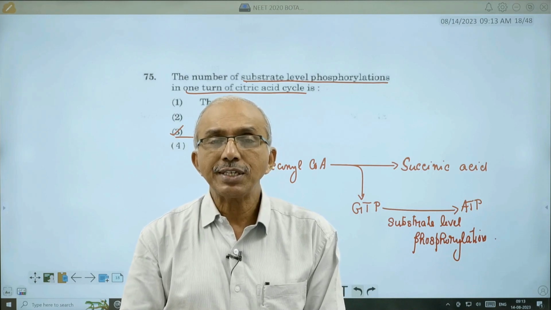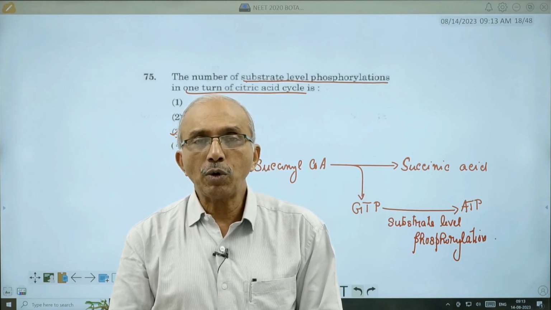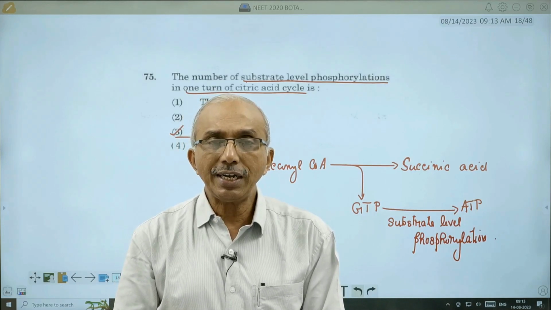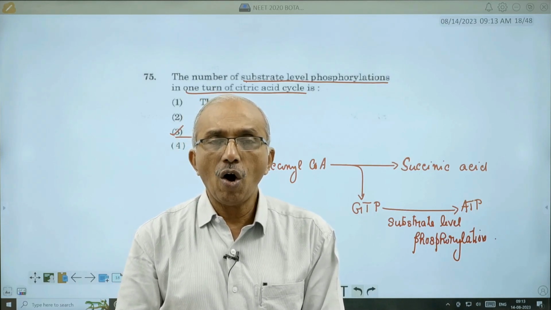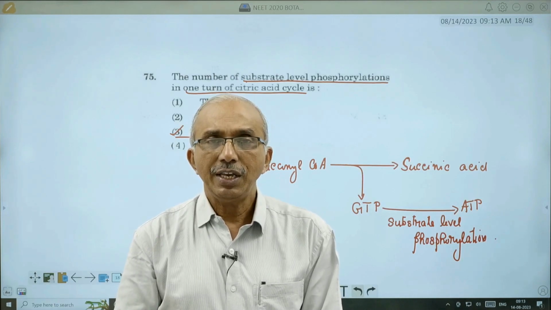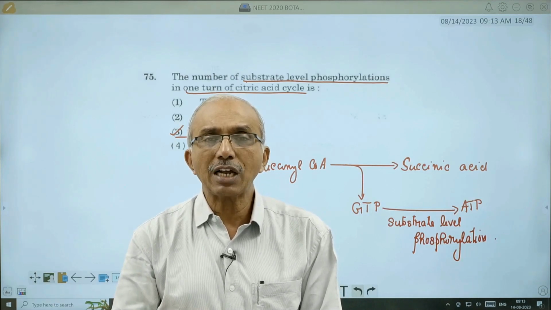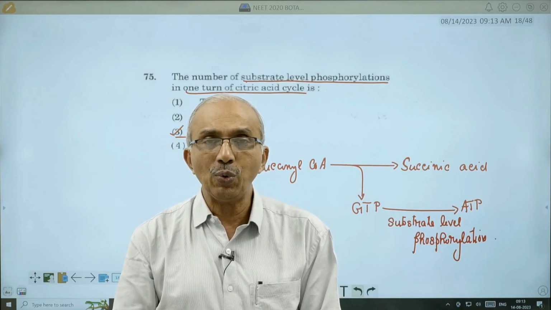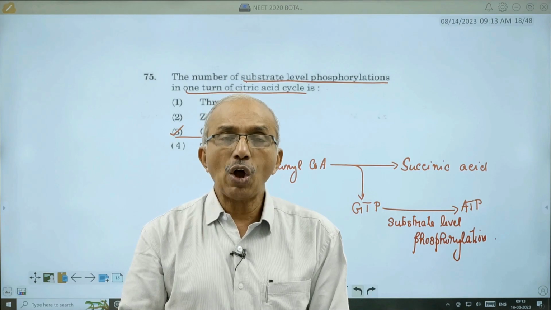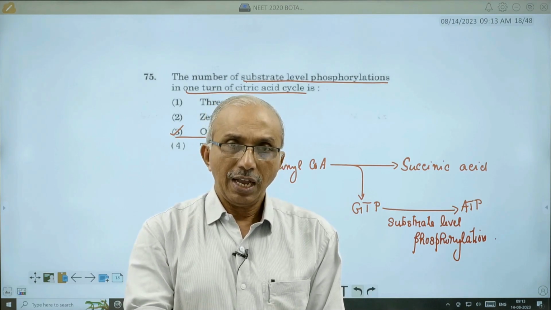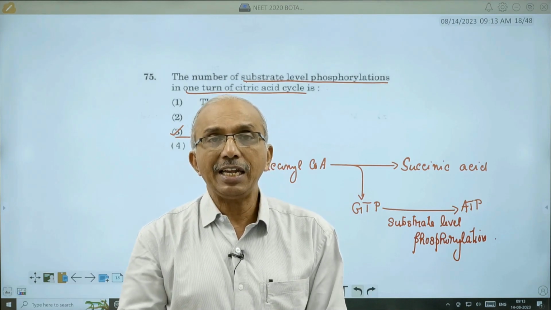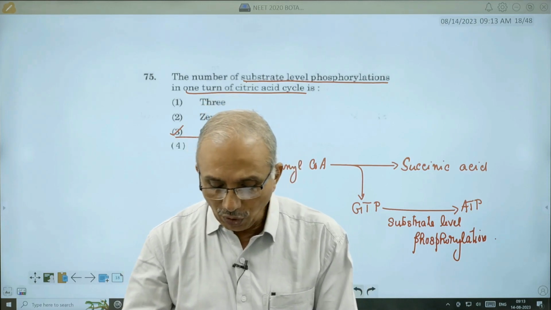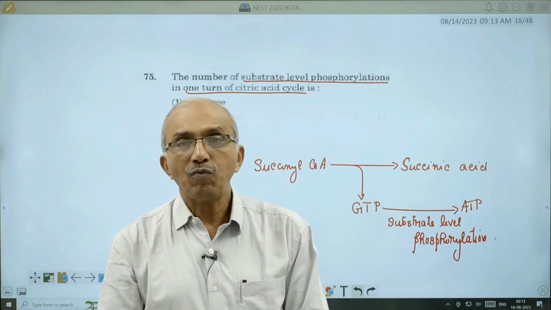ADP becomes ATP. This process is called substrate level phosphorylation, or direct phosphorylation, or transphosphorylation. Here, when GTP is converted into GDP, the released phosphate joins with ADP and ATP is formed.